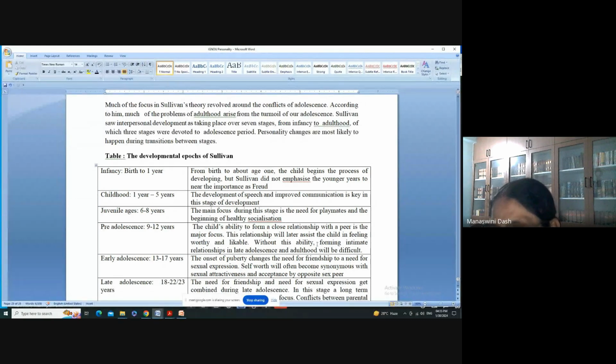So his theory is not accepted very well among the later psychologists. It has not generated much research. The theory has average applicability.